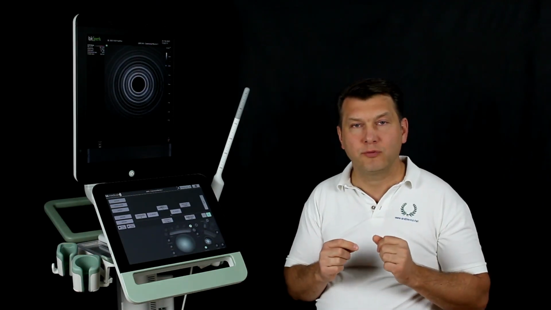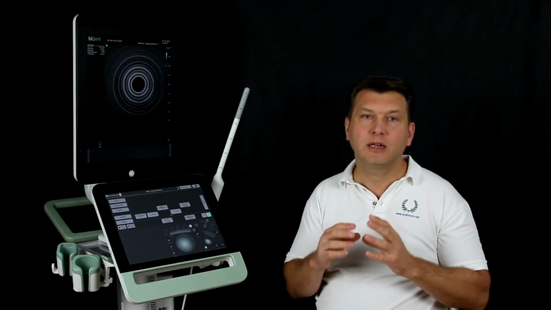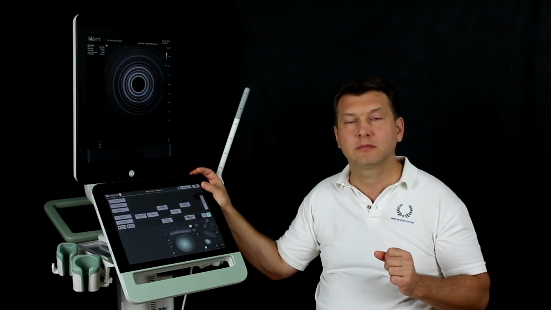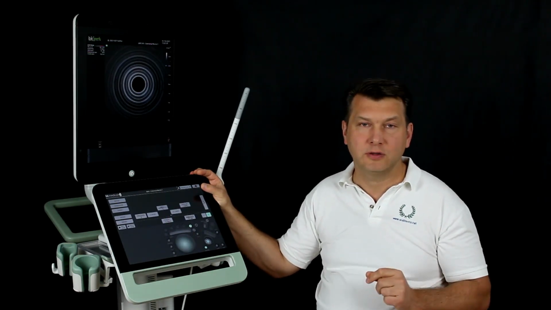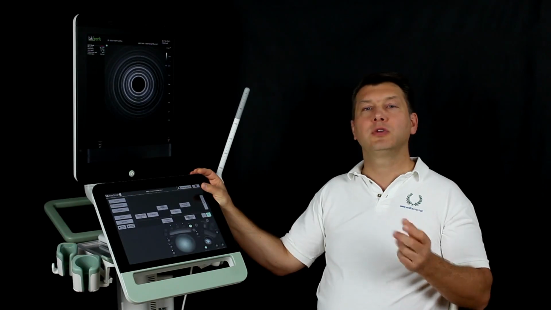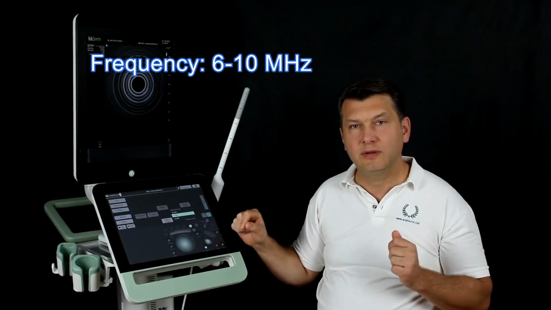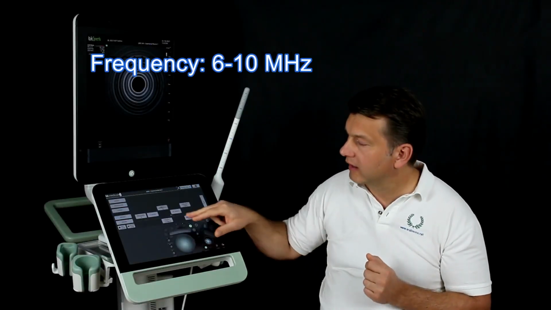If you want to perform, for example, tumor staging, in addition, an overview of the area must be displayed. For such an overview, the following parameters should be selected. Frequency 6 until 10 MHz.